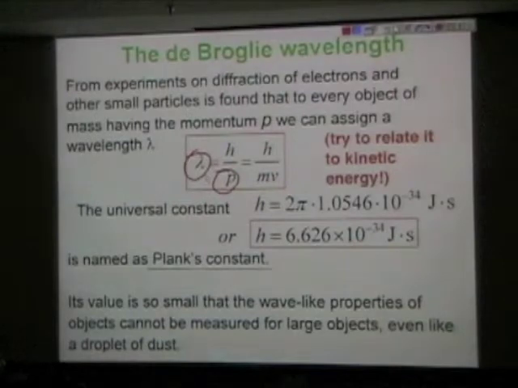The coefficient, this constant, is very, very small in its value. It's 10 to the negative 34 if we use International System of Units, joule per second. So that's why this phenomenon works only for really, really small particles.